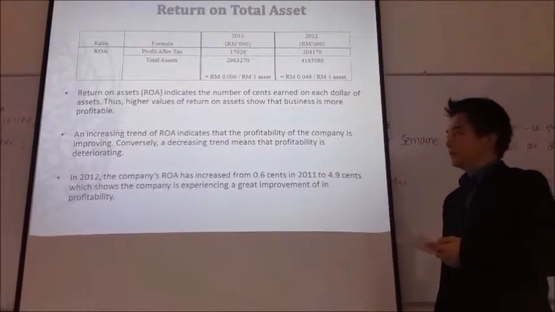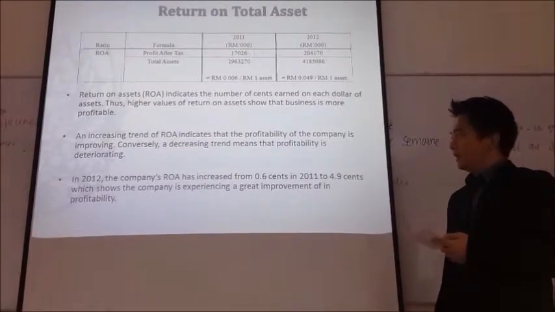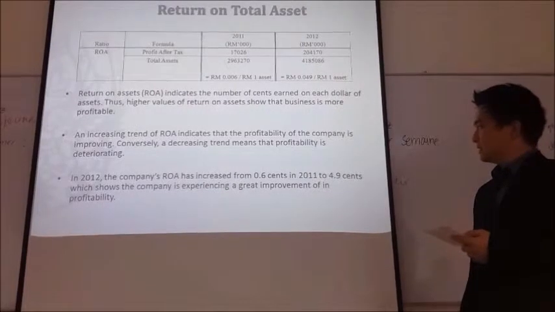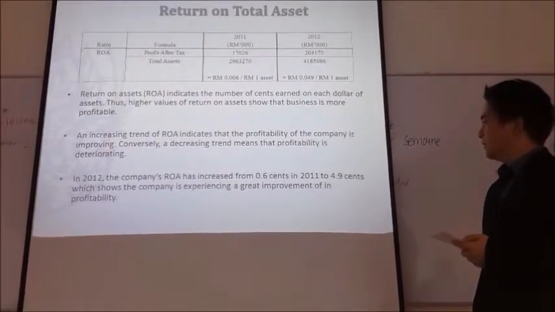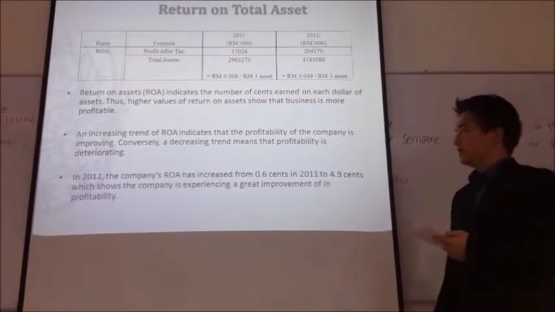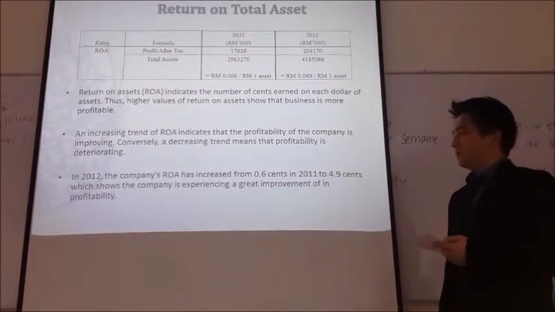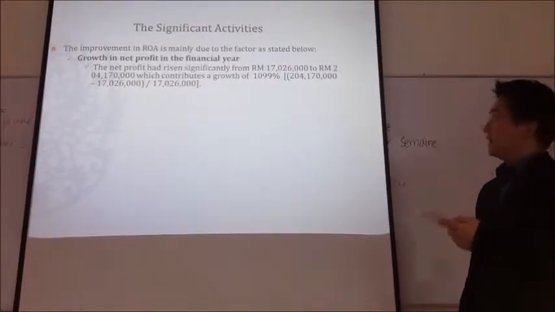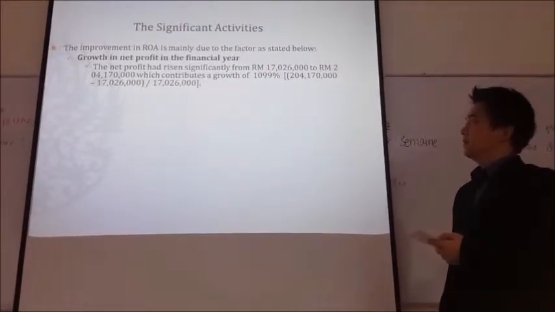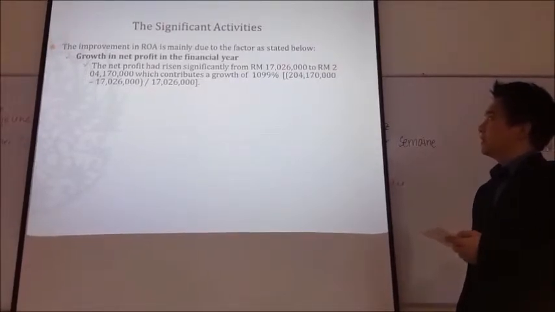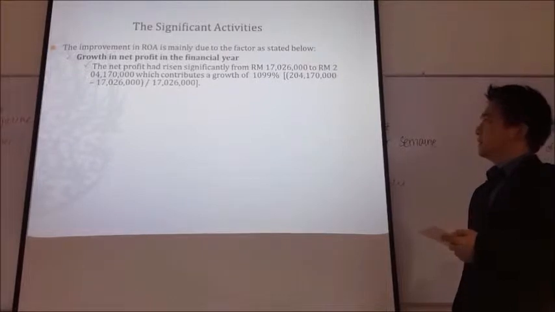In 2012, the company's ROA has increased from 0.6 cents in 2011 to 4.9 cents, which shows that the company is experiencing a great improvement in profitability. The improvement in ROA is mainly due to the factors stated below.